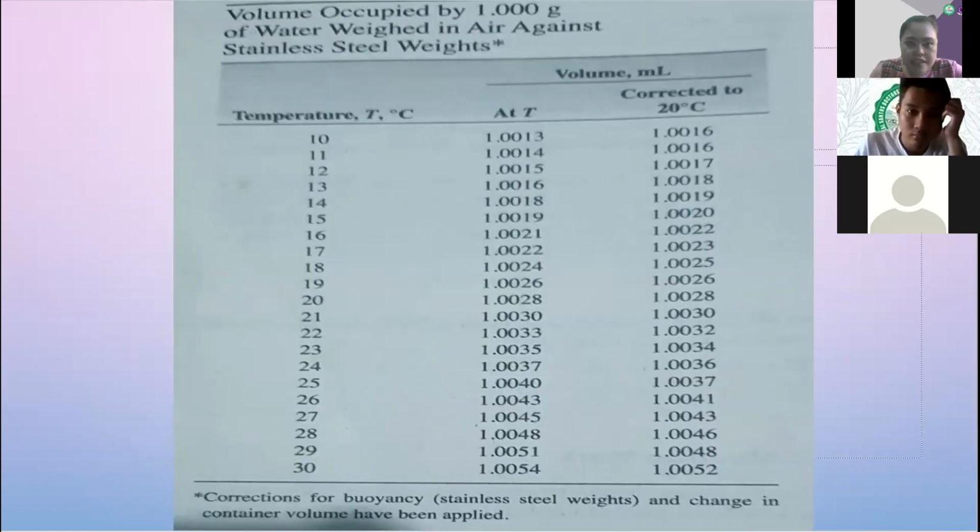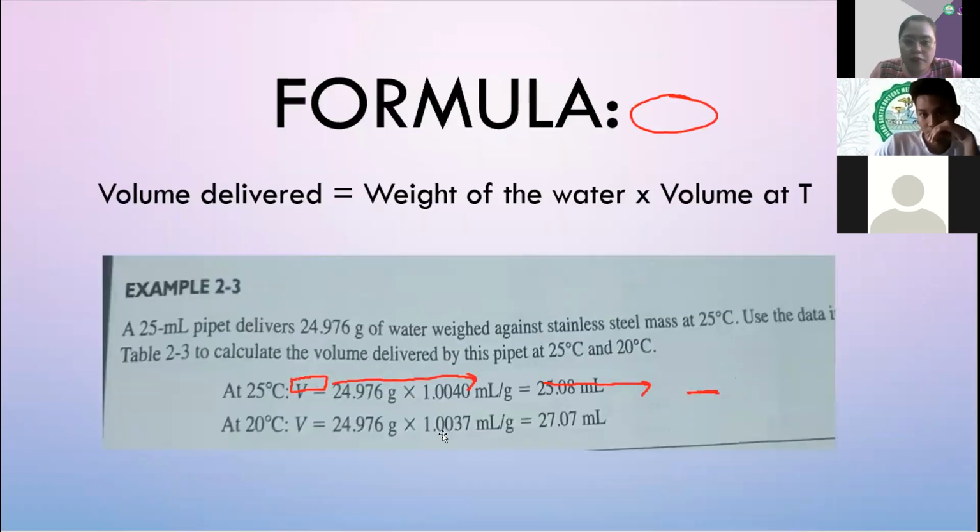We measured at 25 degrees Celsius, so that's the first one we used. But the corrected temperature is 20, so you look here. This is the volume the pipette will deliver if we calibrate it at 20 degrees Celsius. So in the second computation, we multiplied by 1.0037. This is also the true volume it delivered at 20 degrees Celsius.